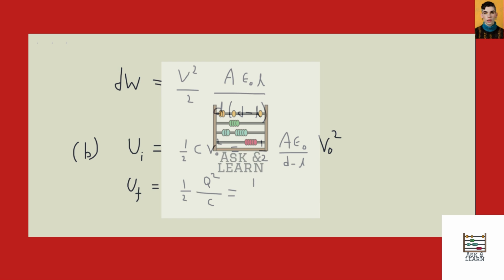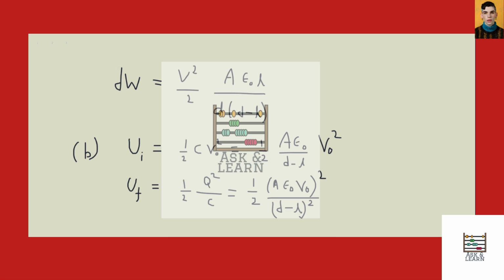So in that case, your q square is substituted as A epsilon naught V naught divided by D minus L squared, and 1 divided by c.